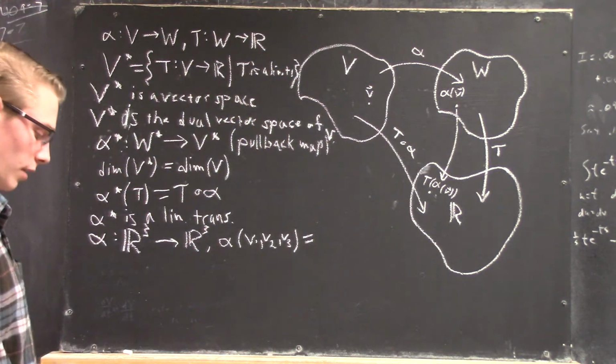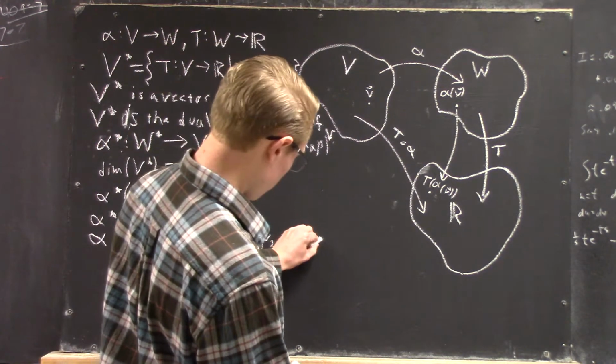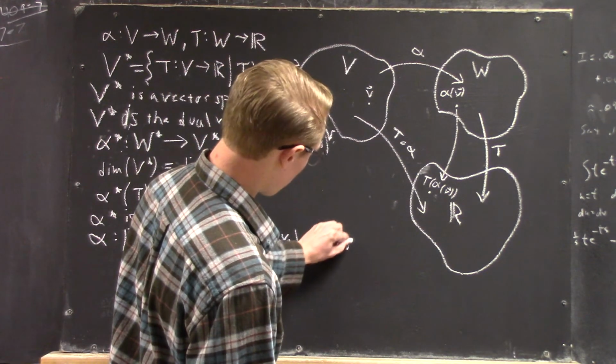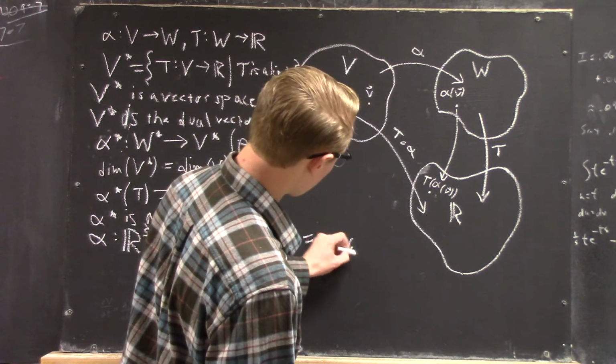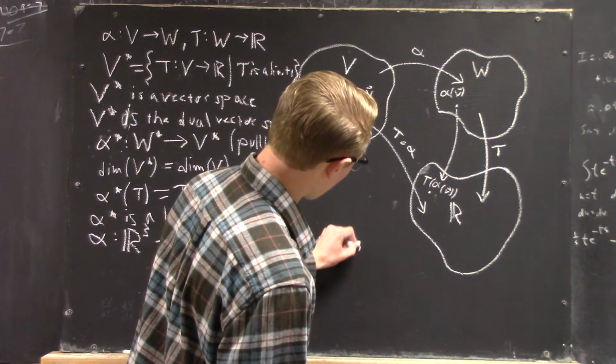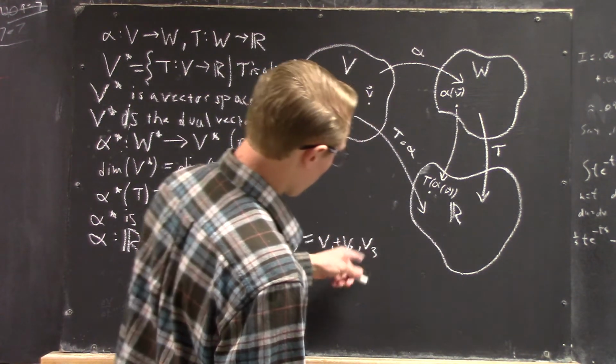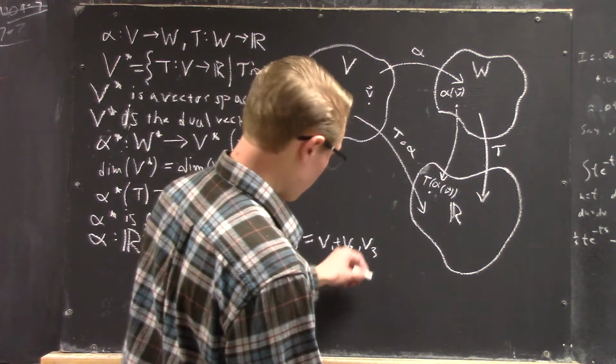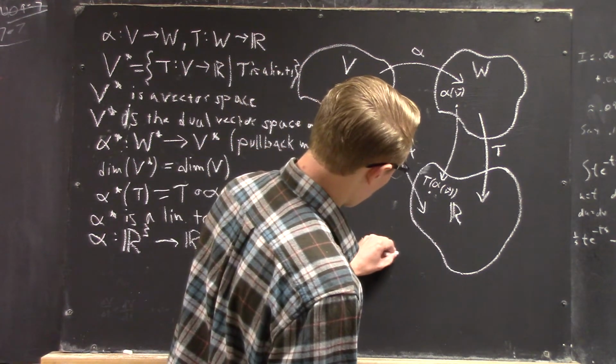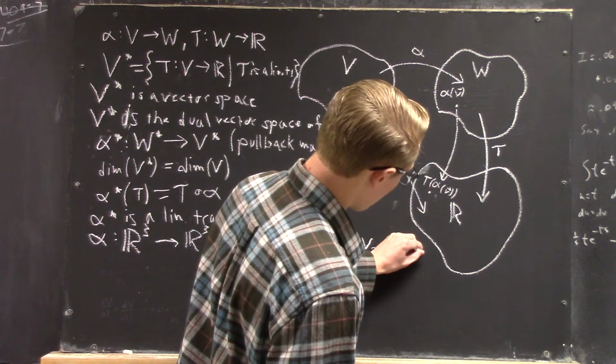Let's just say that was given by V1 plus V3. That will look like a 3. The second element is V3. And the third element is V2 minus V3.